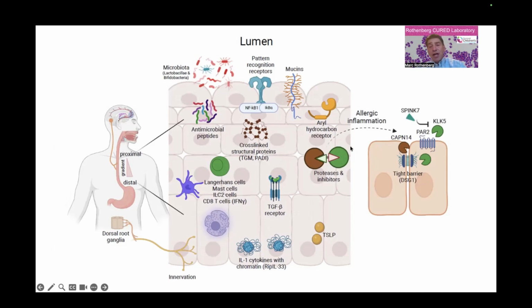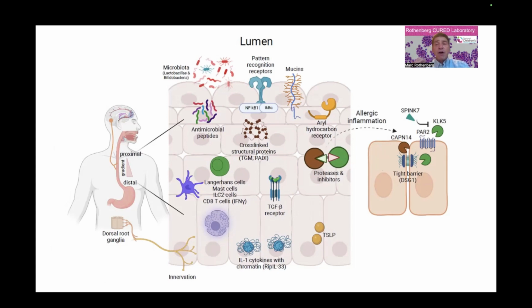You can also have genetic forms of EoE that are associated with loss of function of some of these proteins, in particular the barrier genes. The calpain 14 is a common variant. Its gene is part of the GWAS studies that we conducted in chromosome 2. And this TSLP, as I said, is constitutively expressed by the esophagus.